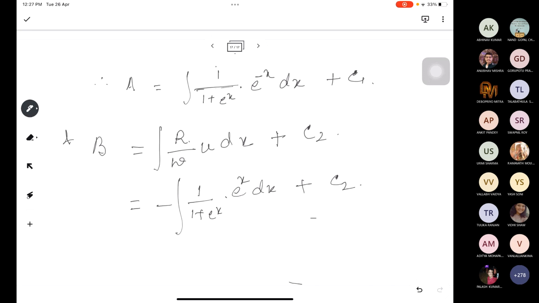So we can integrate this directly and we get e to the power of x dx divided by this.